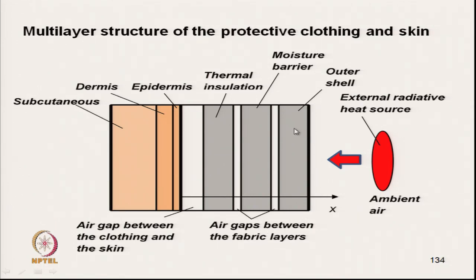So, protective clothing has 3 layers: outer shell, moisture barrier layer in the middle, and thermal insulation, and in between these layers an air gap is created, which also helps in providing insulation. This portion is called the microclimate, the air gap between the clothing and the skin, and on the left is the human skin: epidermis, dermis and subcutaneous tissues.